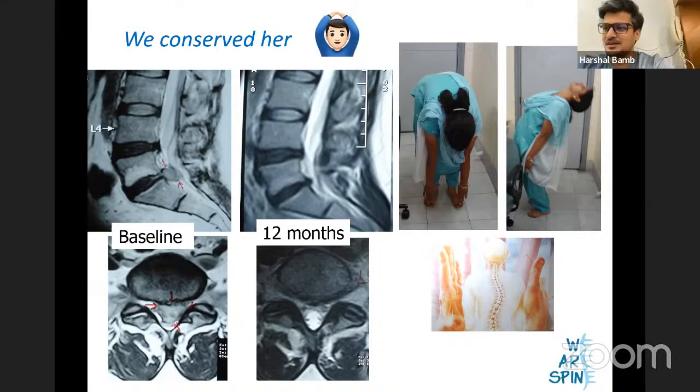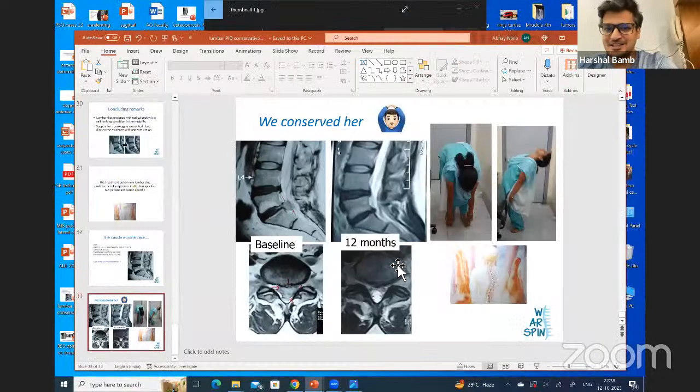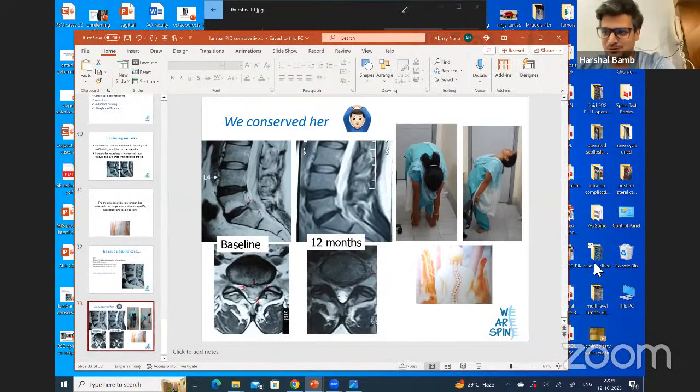You may find it anecdotal, but I would just like to butt in here. Dr. Nene, correct me if I'm wrong. I have found that even if it is an EHL or a T-band weakness, which is 3- or 2+/5, and the patient is not willing and we conserve him for some time, we have found that the patient has recovered wonderfully well, more often than not.